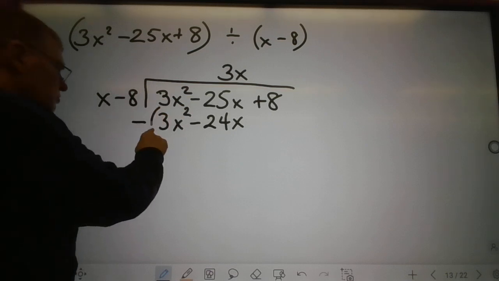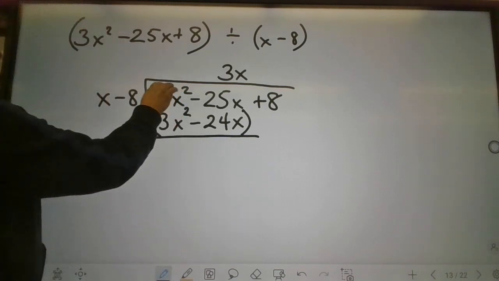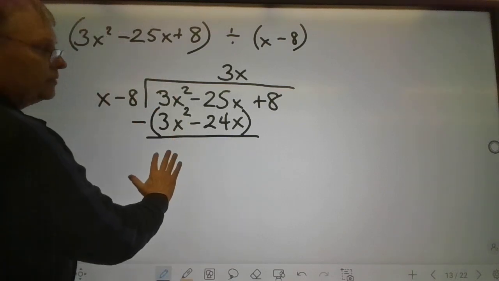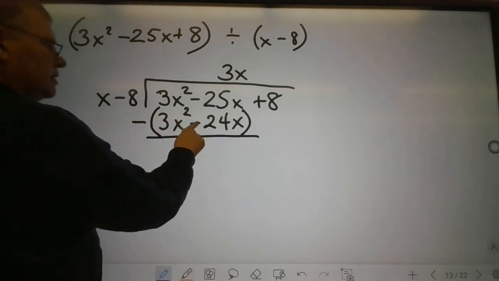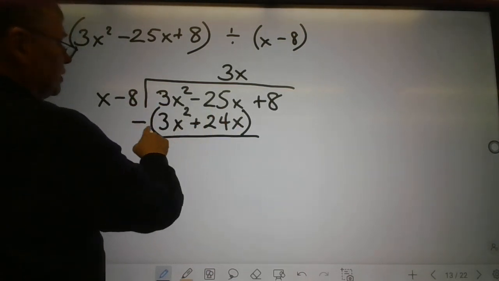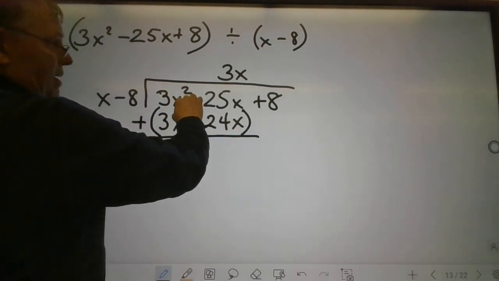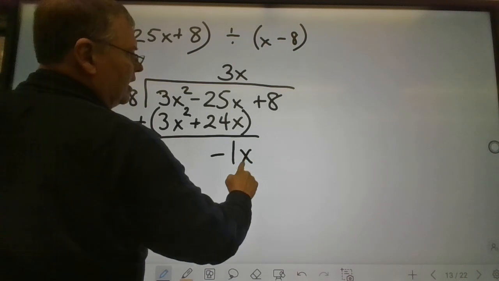Now keep in mind, we're subtracting the whole thing, and that's important. Now 3x squared minus 3x squared, gone. A -25x minus a minus, so like adding a positive, right? So now a -25x and a +24x is going to give me a -1x.